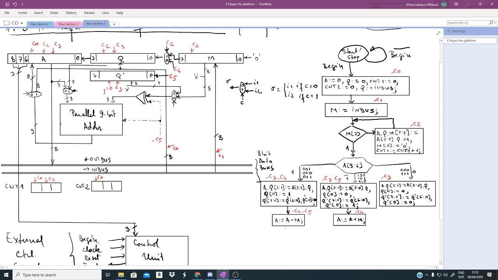Good. So it's like this. Right? And then, because these are 8 bits, here I'll append a 0. So this is how we do additions and subtractions.